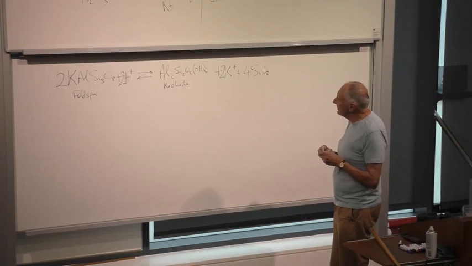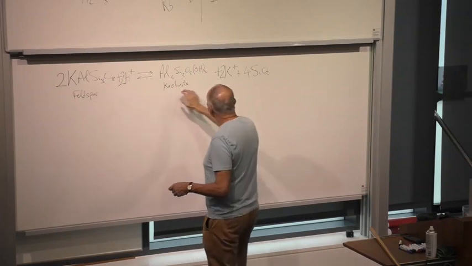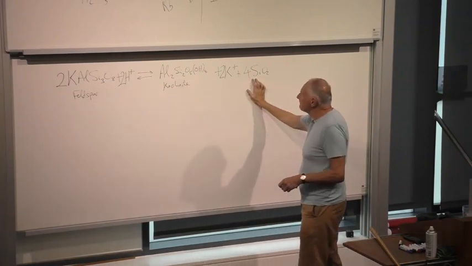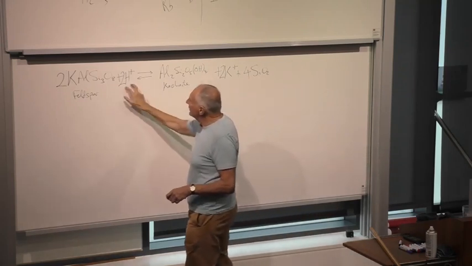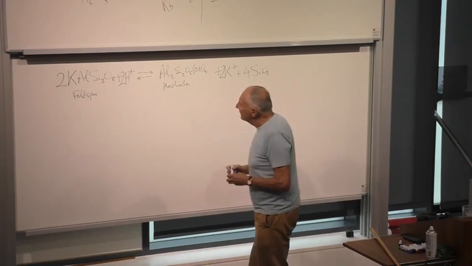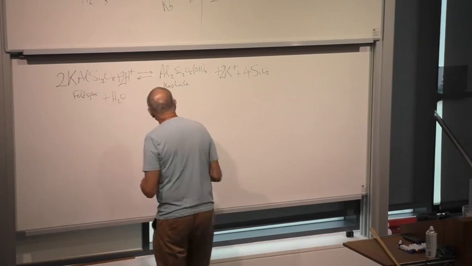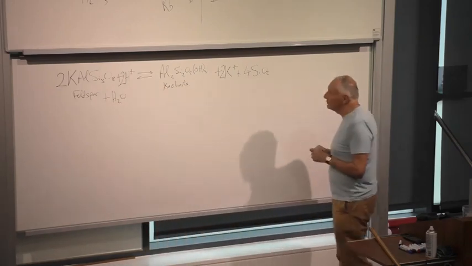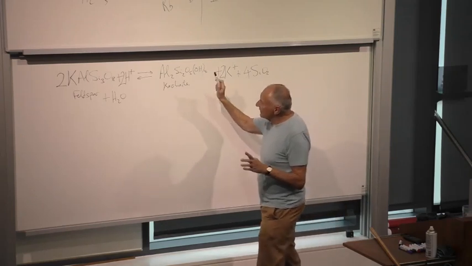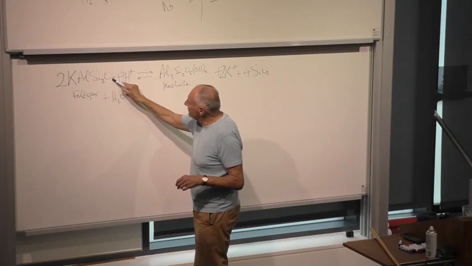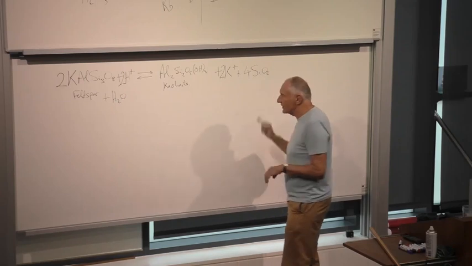Our charges are balanced, our aluminiums are balanced. We've got 6 silicons, and there's 2 and 4 is 6. And we've got 4 hydrogens here, and 2 hydrogens there. So what we can do, because it's an aqueous solution, we can add water. That's our 2 hydrogens, and that should now balance, he says. So 4 hydrogens, let's check the oxygens. 16 oxygens, 17 oxygens, 5 and 4 is 9, and 8 is 17, hurrah.